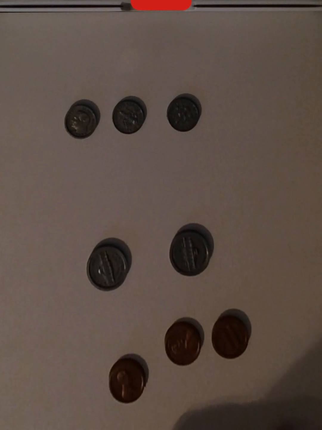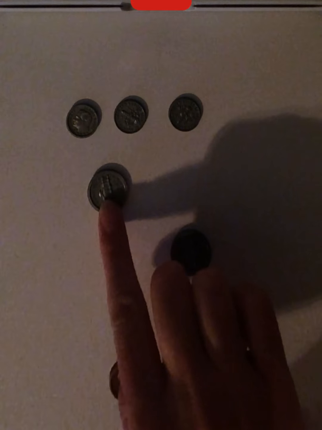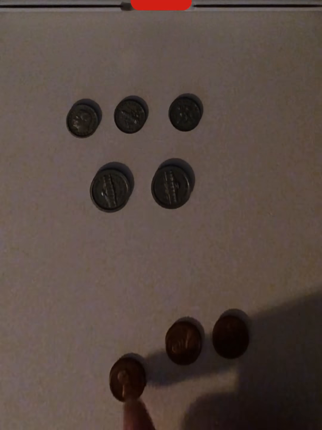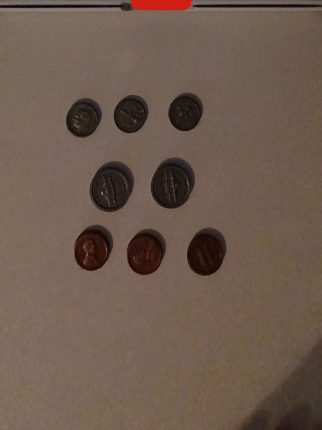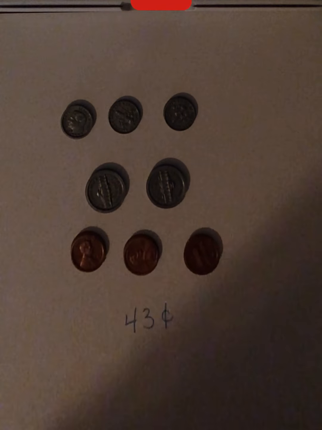We count by tens. Then we count by fives. 35, 40. Then we count by ones. 41, 42, 43. This equals 43 cents.